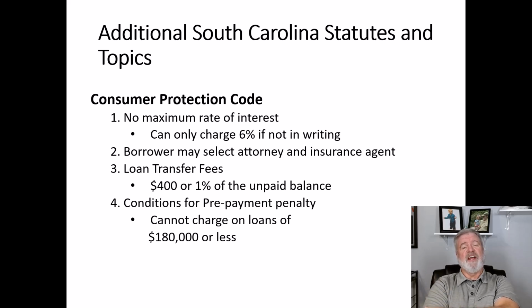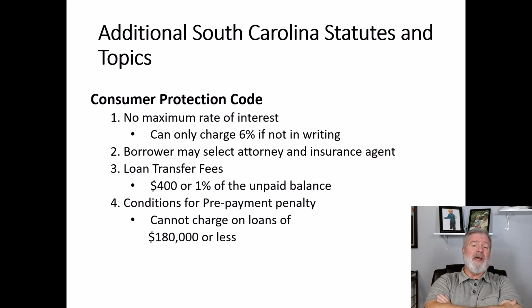Now, y'all, that's kind of interesting because typically you would think they would say whichever is more, but it's whichever is less. So right away we know the most this fee could cost would be $400. That's the most it would be, or 1% of the unpaid balance.